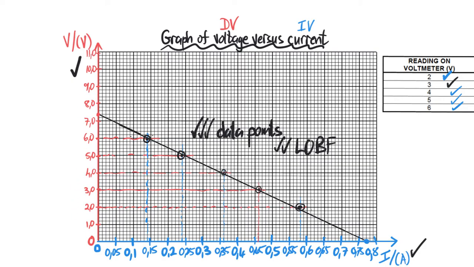You have a constant, consistent scale on each of the axes. The scales don't need to be the same for the x and the y axis, but they do need to be consistent throughout each of the axes. So now that we've got that, we can answer the questions that follow.